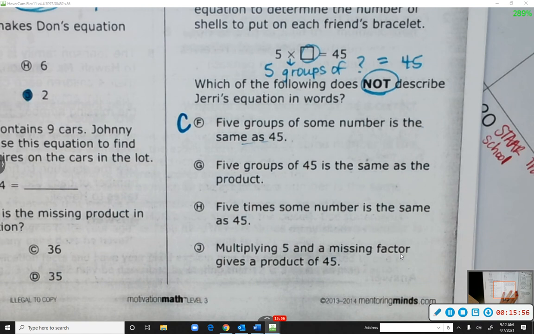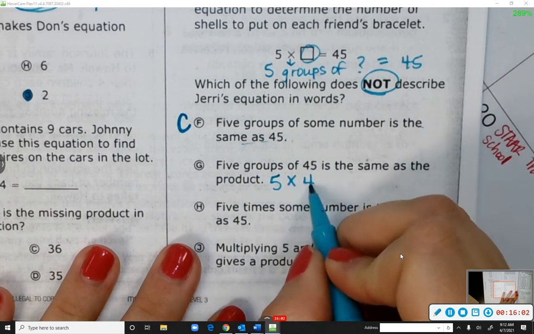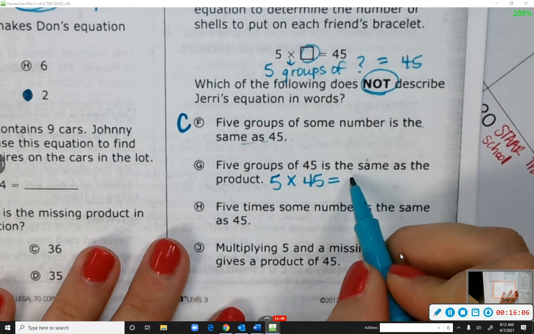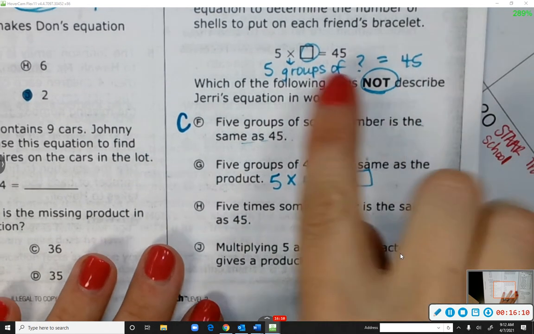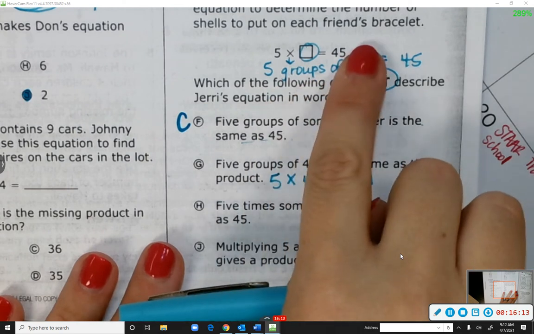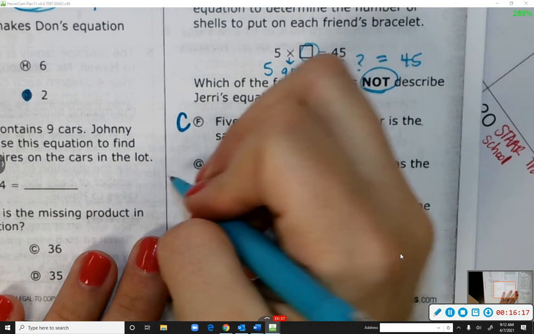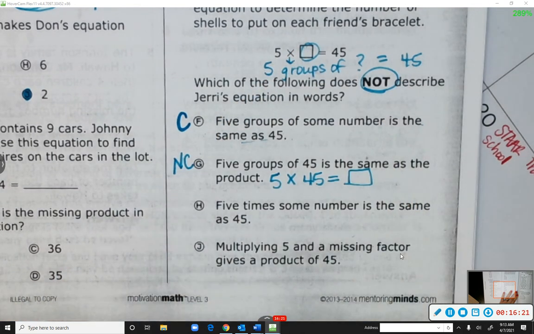G, 5 groups of 45, so that would be 5 groups of 45 is the same as the product. Is that what this says? Yes. Is that going to give us the same box? No, it's not, okay? So we would label that not correct. But I'm going to go through all the answer choices.